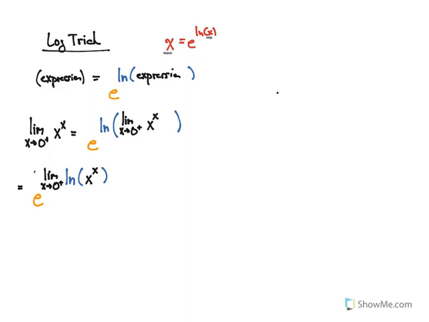Same kind of thing we did before. And this is because natural log is continuous on 0 to infinity. So as long as we're above 0, then this works. And we're always going to be in these kind of problems.